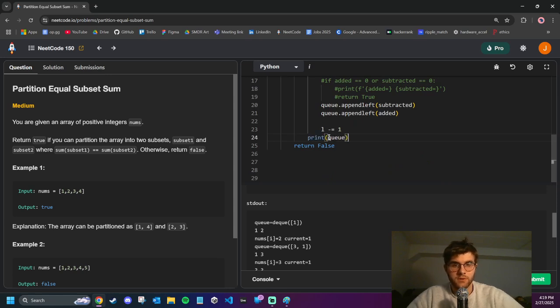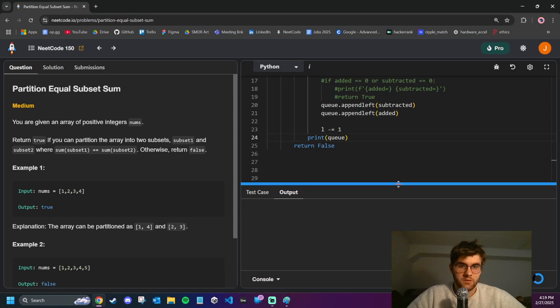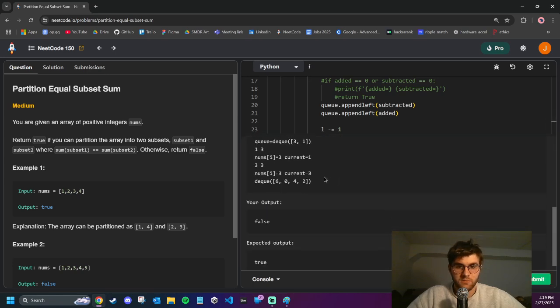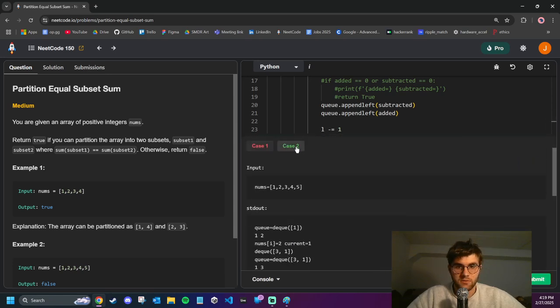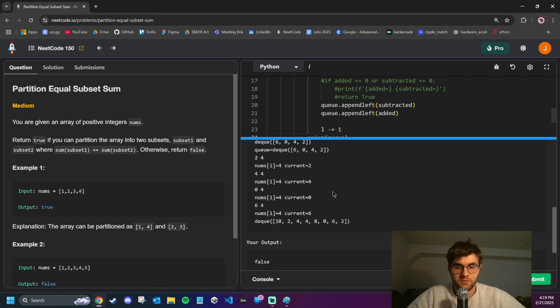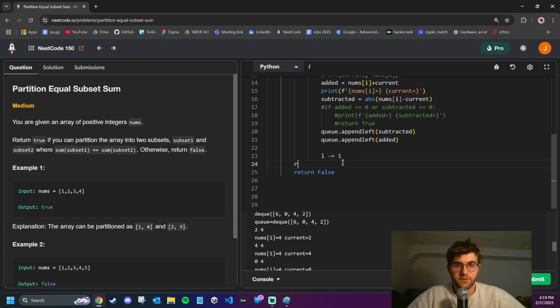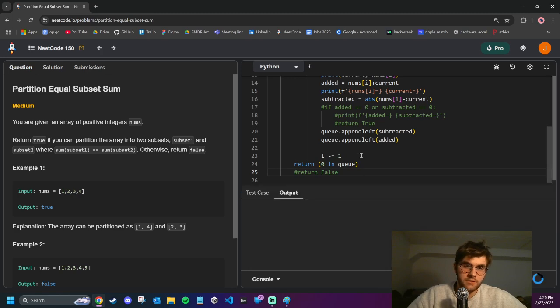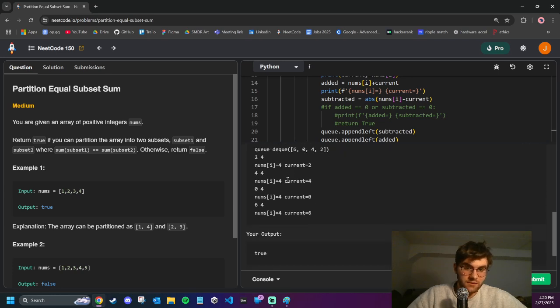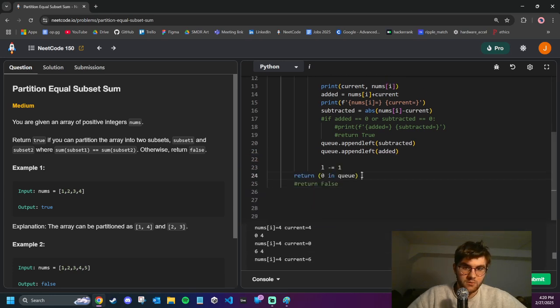Let me print Q. I mean, we could just return if 0 in Q like this. No, it doesn't work. What?